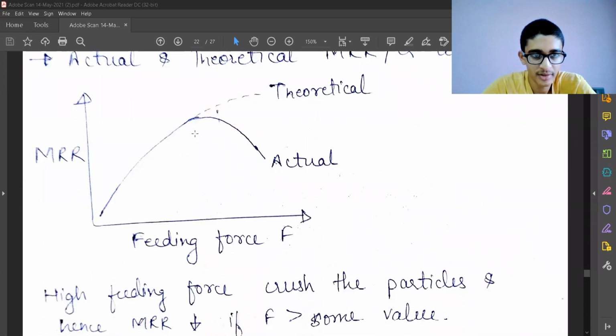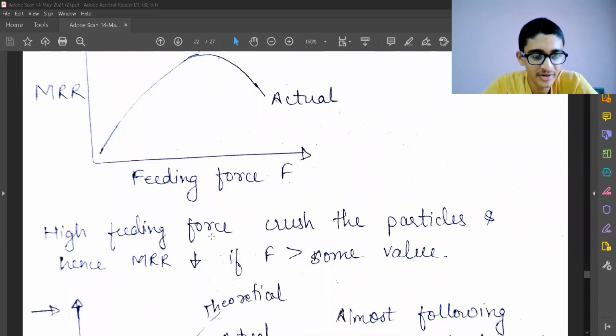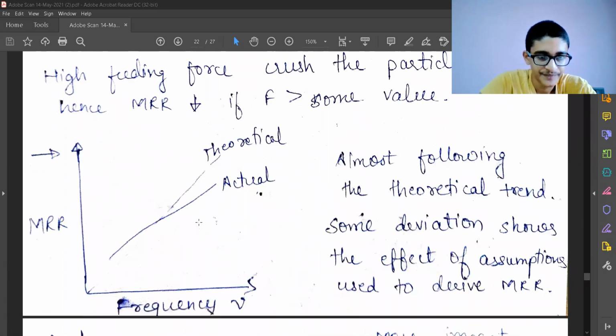But actually it is seen that it has some maxima value and then it starts decreasing. This is because the high feed force is going to crush the particles. The particles will get crushed and they'll not be able to remove the material. So material removal will decrease if I increase the feeding force after some value. So I have some maxima.